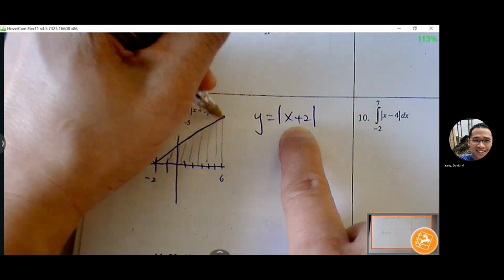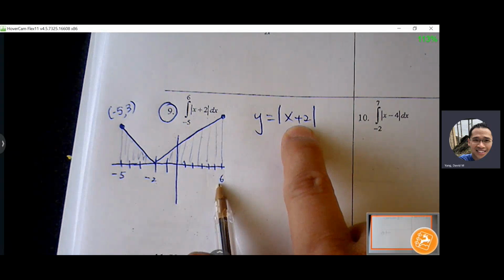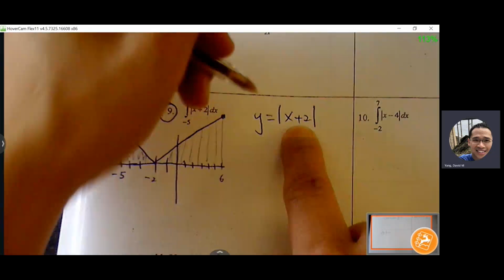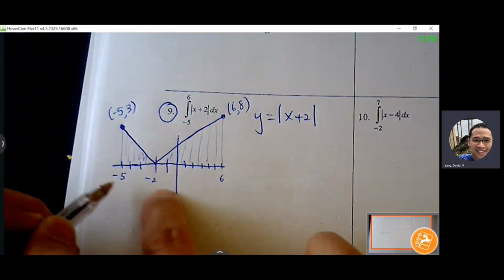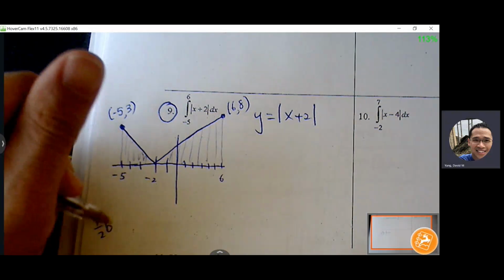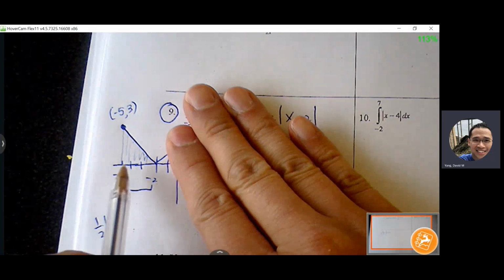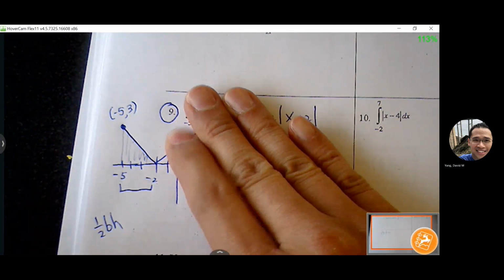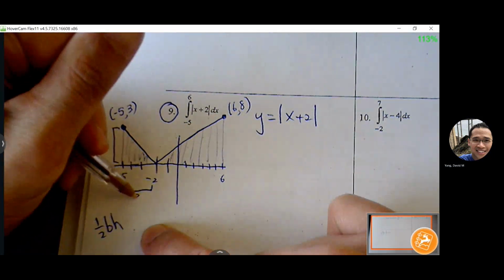To find the height of this triangle here, plug 6 into the absolute value function. What's 6 plus 2? 8. Absolute value of 8 is still 8. So the ordered pair is 6, 8. So area is 1/2 base times height. What's the width of my first triangle? 3. And the height of this triangle is also 3.